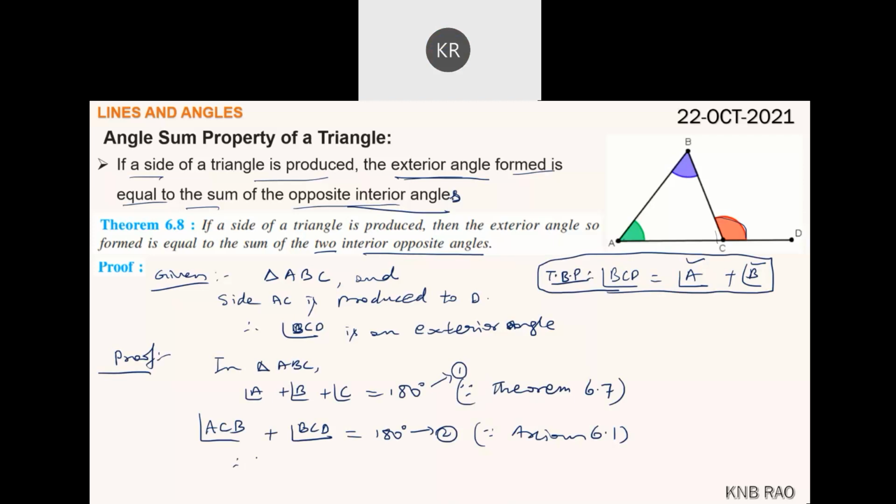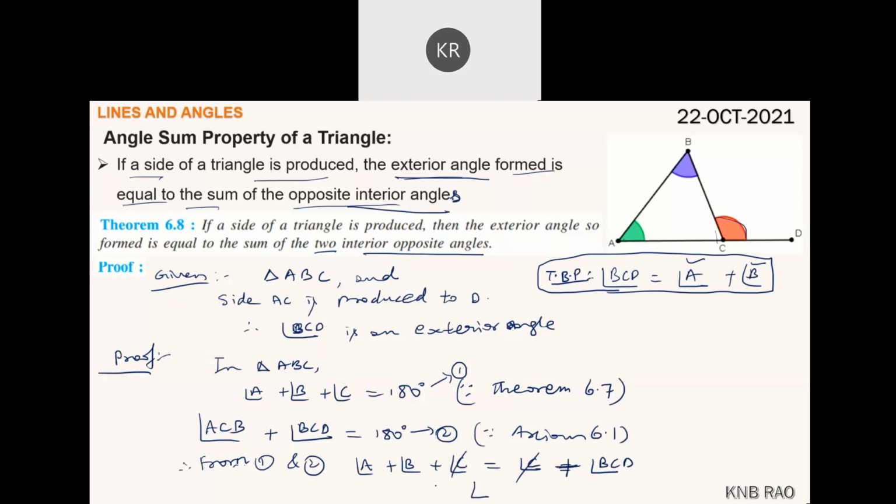Therefore, from 1 and 2, we can equate both the sides. Angle A plus angle B plus angle C equals angle ACB, which is nothing but angle C only, plus angle BCD. So from two equals, if equals are subtracted, then the remainders are the same.